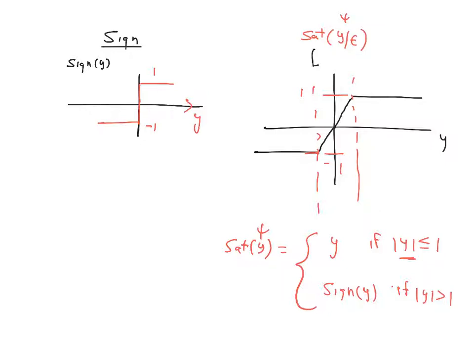Now if you put an epsilon here, like epsilon is 0.2, 0.3, whatever that is, that can change this region here.